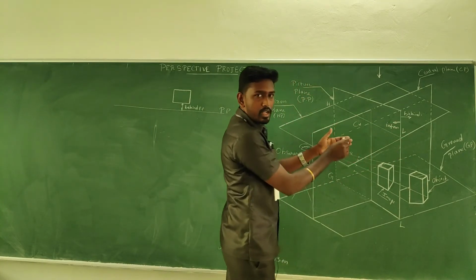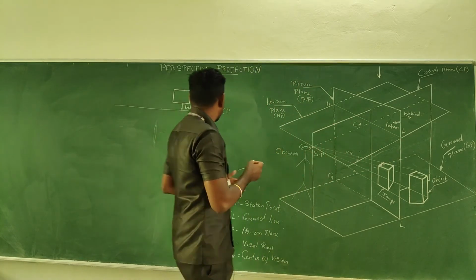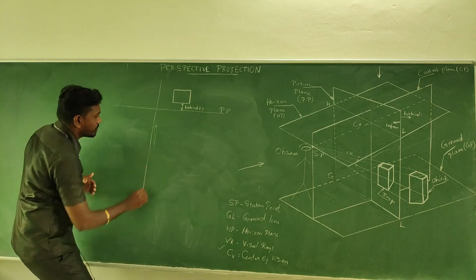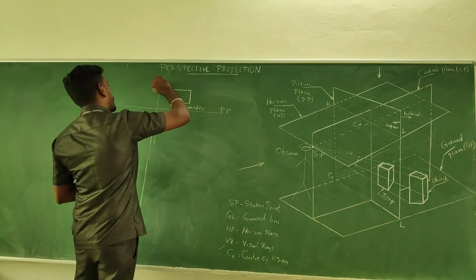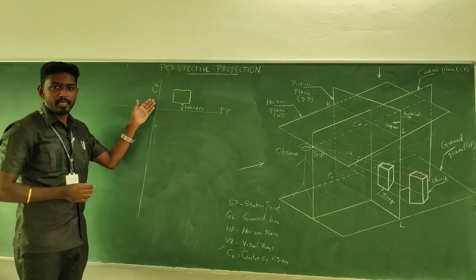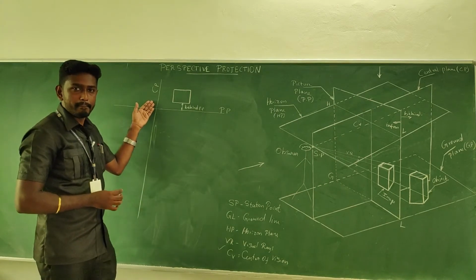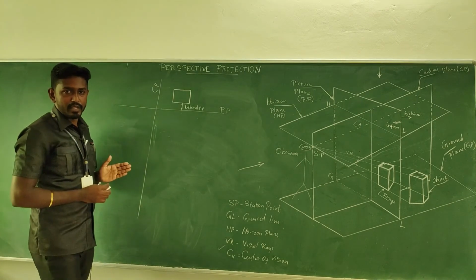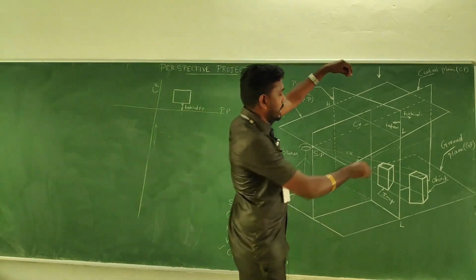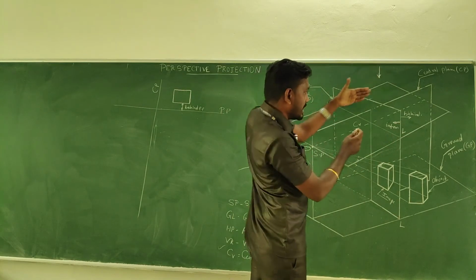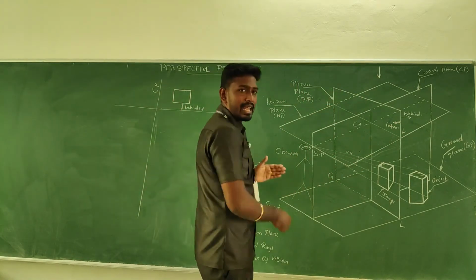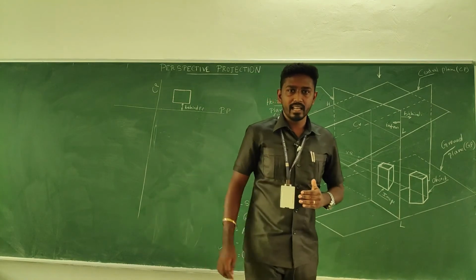To the left of the object, we can see a vertical line, which is nothing but CP, the center plane. Can you identify it? When you are looking from the top, here is the object, and to the left of it the center plane will be seen as a vertical line.